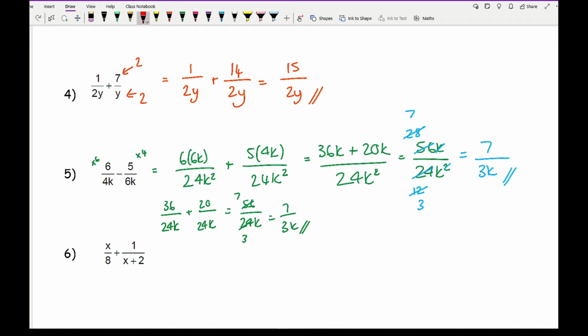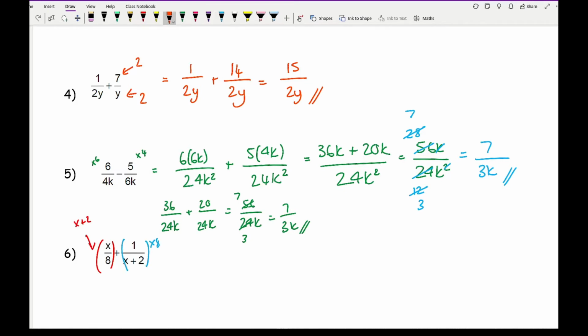Now with question 6, again, what I'm going to do is I'm going to multiply the first fraction by the second denominator and the second fraction by the first denominator. So here I'm going to multiply this both by x plus 2. And I'm going to multiply this fraction by 8.